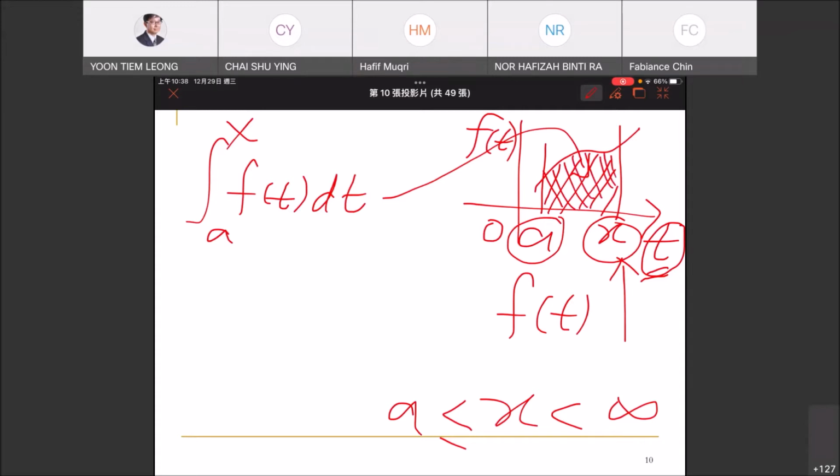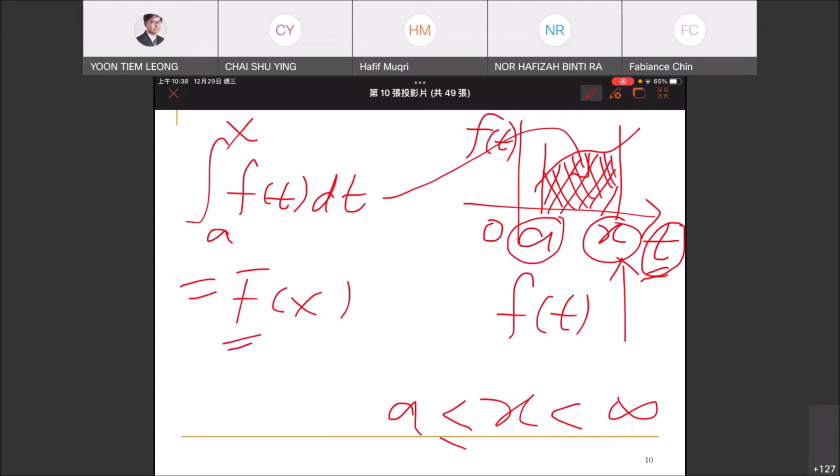So I can represent the area of this shaded region of f(t) as a function F(x). This capital F(x) represents the area of the function f(t) ranging from a to x.